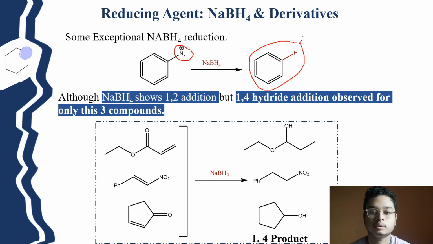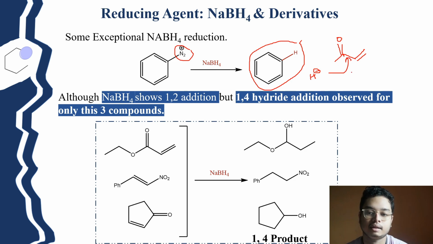And you also have to know about the regioselectivity of NaBH4, like in the case of an alpha beta unsaturated carbonyl compound. Since NaBH4 generates hydride, and hydride is a hard nucleophile, it will obviously attack the hard center.